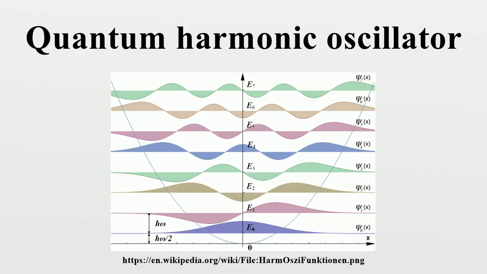N-dimensional harmonic oscillator. The one-dimensional harmonic oscillator is readily generalizable to N dimensions, where N equals 1, 2, 3, and so on. In one dimension, the position of the particle was specified by a single coordinate. In N dimensions, this is replaced by N position coordinates, which we label x1 through xN. Corresponding to each position coordinate is a momentum, which we label p1 through pN.